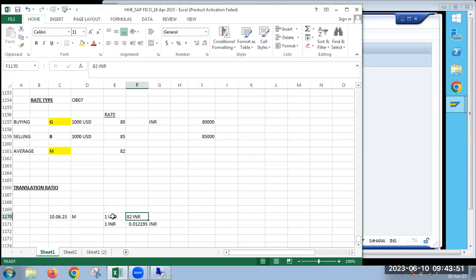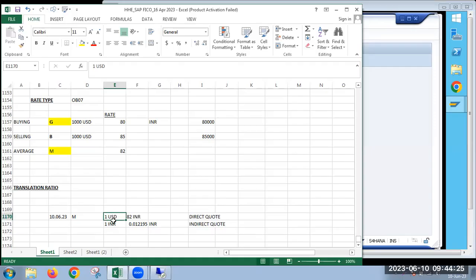If we specify the rate from foreign currency to local currency, we say it's a direct quotation. If it is from the local currency to foreign currency, we consider this an indirect quotation. The rate we specify will be in multiples of 1.